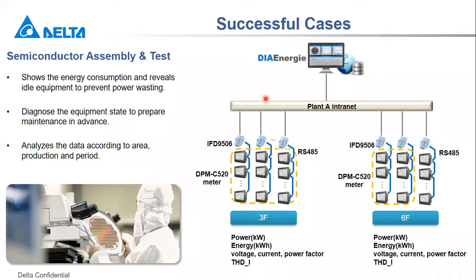So here's the system architecture. This project has around 100 power meters. We link the power meters by RS485 with twisted-pair cable, and then go to the gateway. The interface becomes Modbus TCP, and then goes to the factory network, and finally the data goes to DIAEnergie.